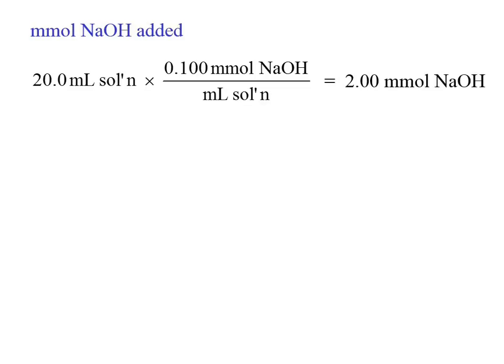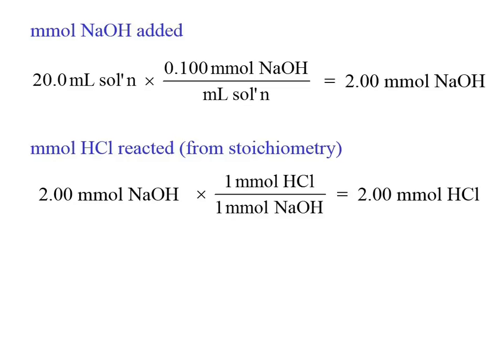The millimoles of HCl that have reacted are based upon the limiting reactant, which was sodium hydroxide, 2.00 millimoles. We know it's the limiting reactant because we're before the equivalence point. Stoichiometry is 1-to-1, so 2.00 millimoles of HCl have reacted. We subtract that from what we started with to get what's left.